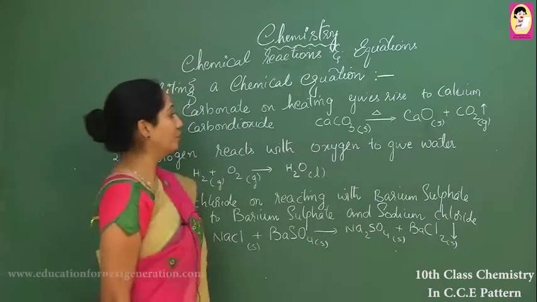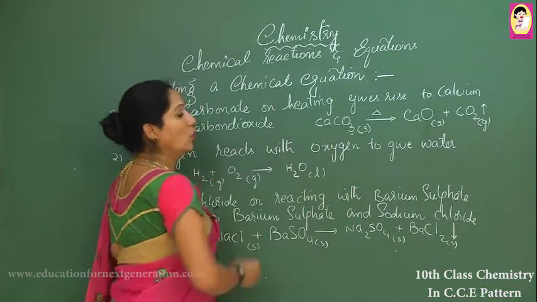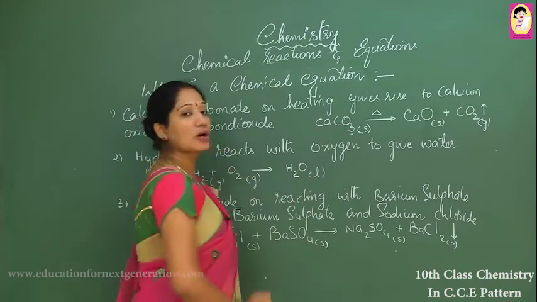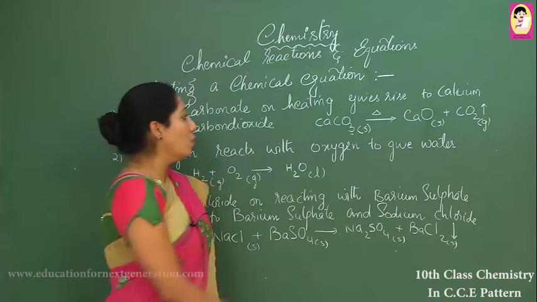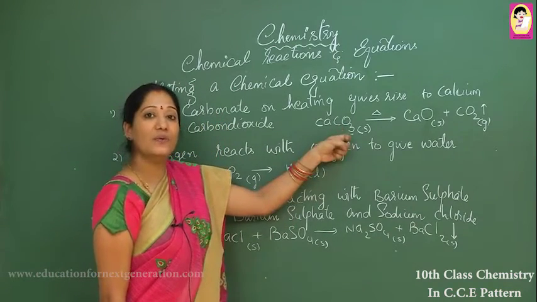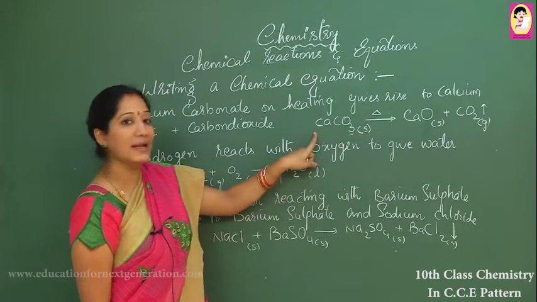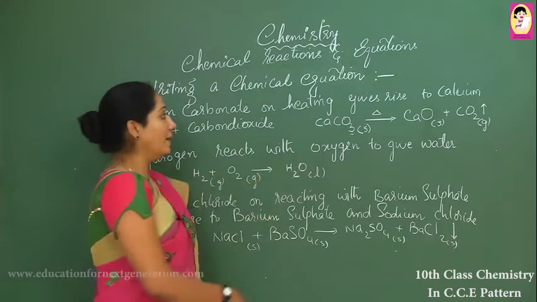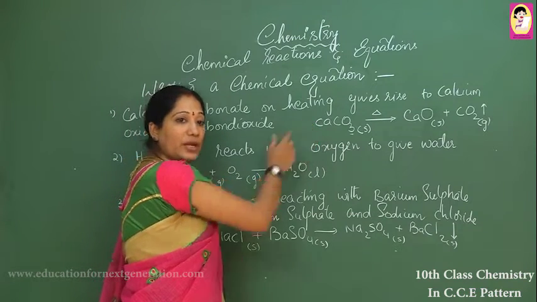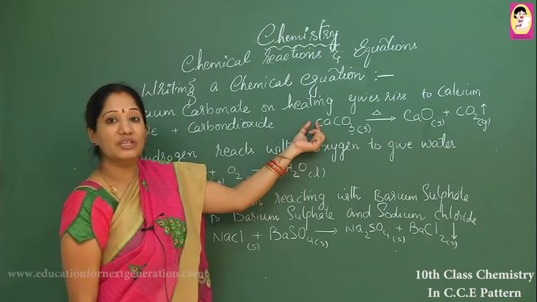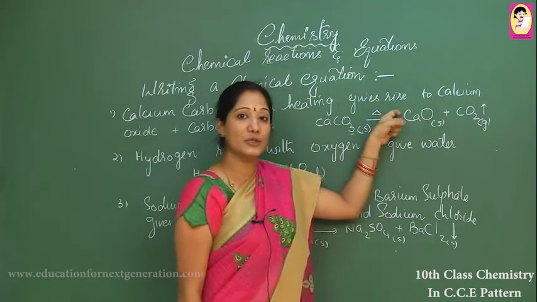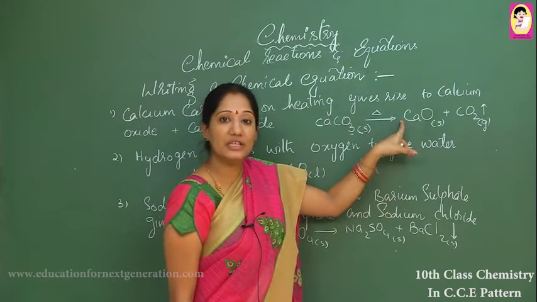Now see here, at the base of oxygen, 3 is present, which indicates that 3 atoms of oxygen are participating. There is 1 carbon atom, because no subscript is given, and 1 calcium atom is present. Nothing is in front of the calcium carbonate, so the coefficient is 1, which on heating gives rise to 1 mole of calcium oxide.